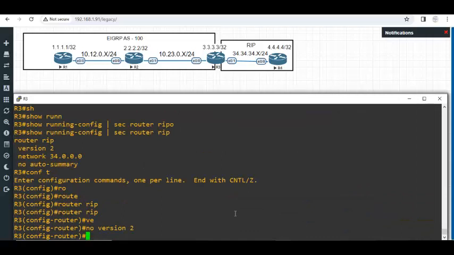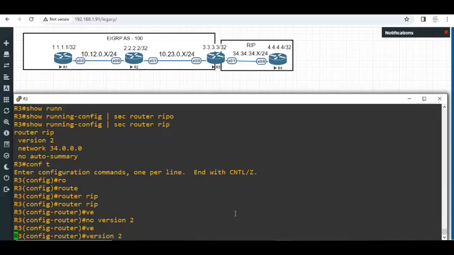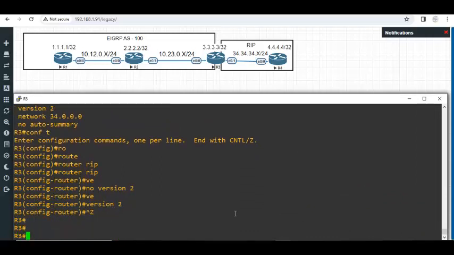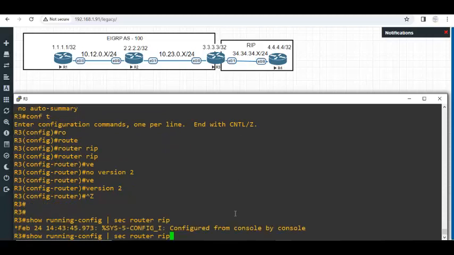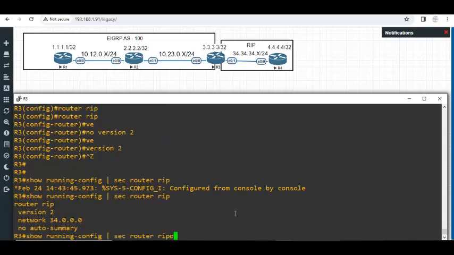You see, you're learning 44. There's some problem with the network 4. I don't know why. The loopback. I'll remove that loopback. Maybe I'll put it again.